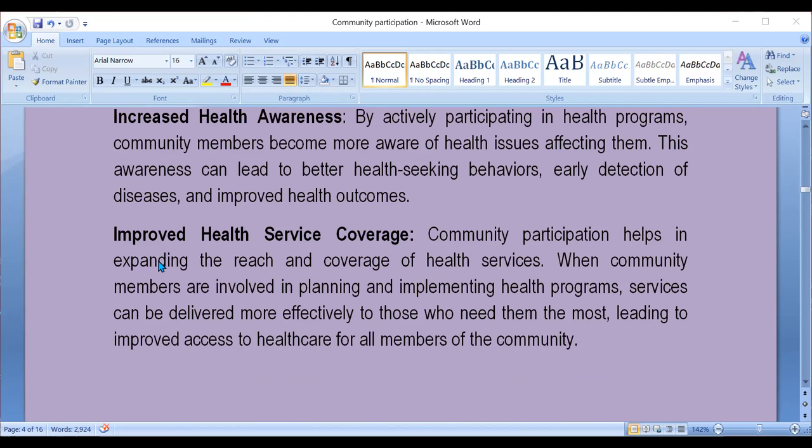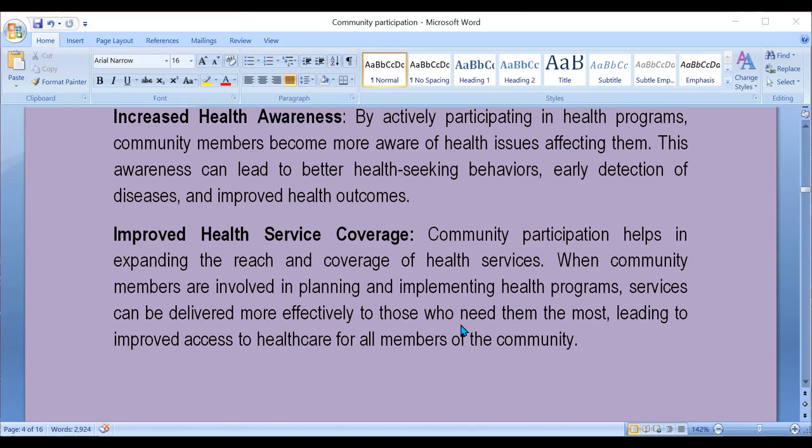Another advantage is that there's improved health service coverage. Community participation helps in expanding the reach and coverage of health services. When community members are involved in planning and implementing health programs, services can be delivered more effectively to those who need them the most, leading to improved access to health for all members of the community. You see, you are not the one serving that community.